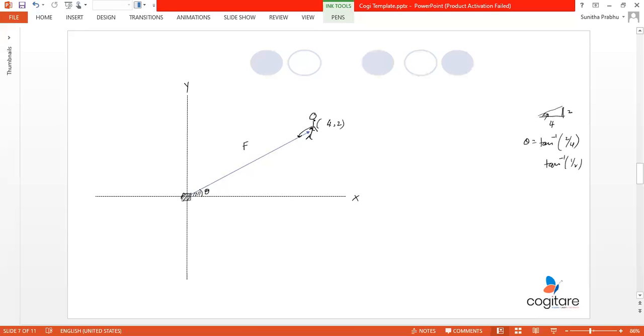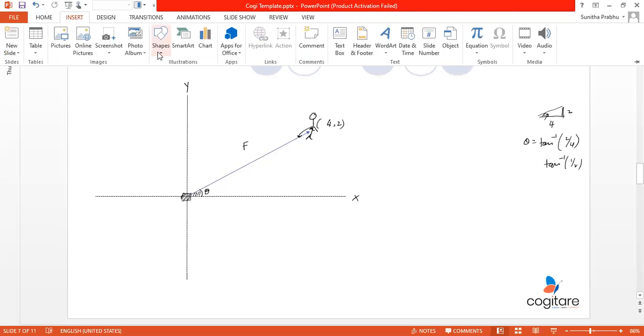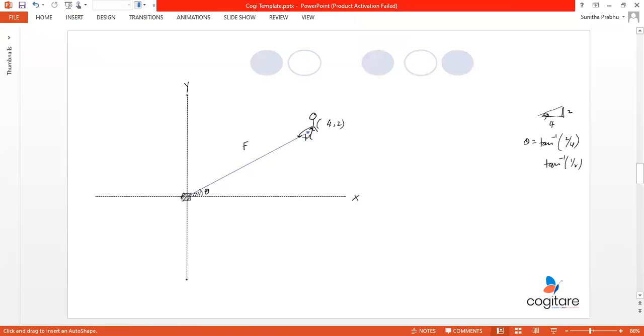Then you say, can I forget this person for a minute and substitute two people who are pulling in this direction? From here they are holding the rope and pulling it.